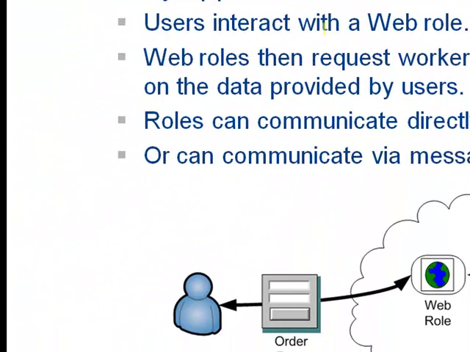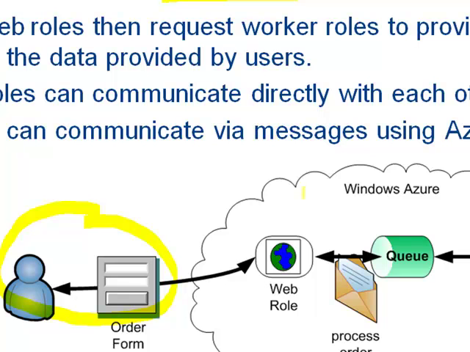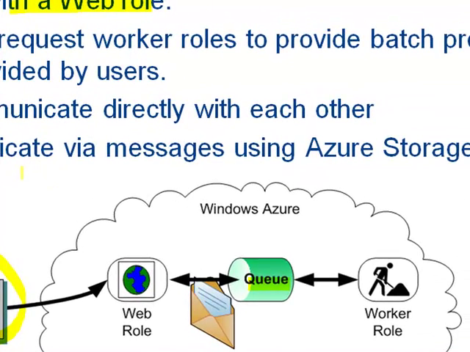Users, for example, would actually interact with a web role, for example here, to collect some information about orders. And then, through the use of something known as a Windows Azure Storage queue, provide messages back to something known as a worker role to actually process those requests or those orders, if you will.